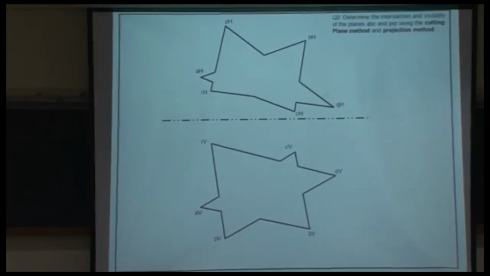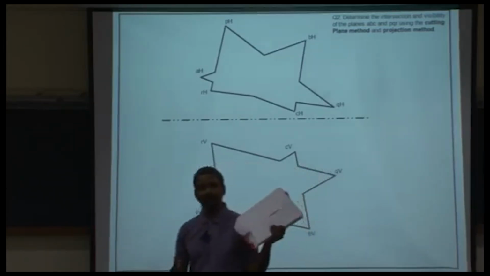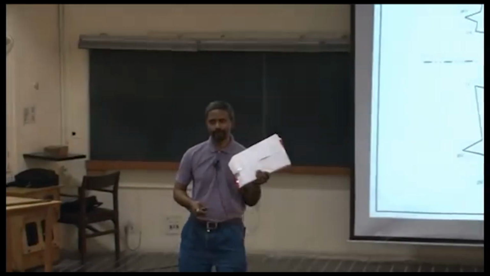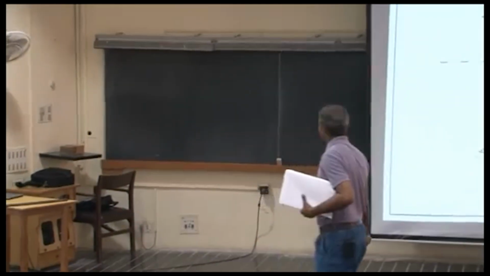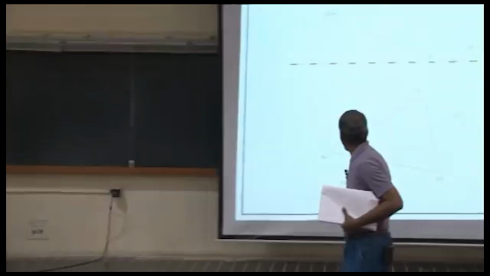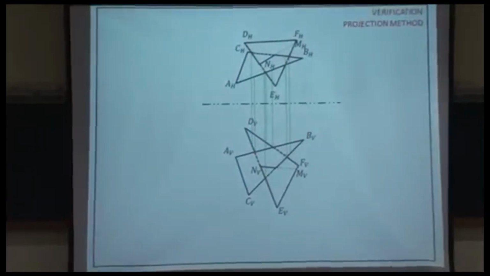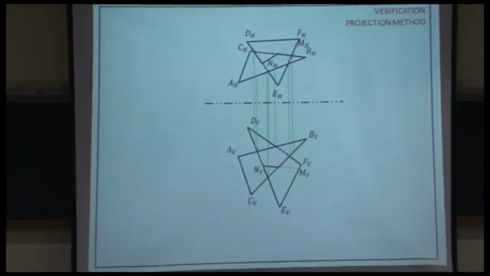I'll give you enough time to solve these questions. Okay, so I will give you a single paper, and these 2 questions are on the 2 sides of that paper. While you are solving that, for reference, I'll keep this slide in front of you so that if you are stuck, you can refer to this and solve.